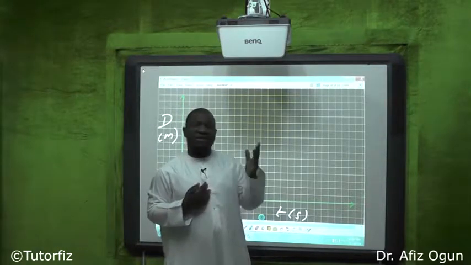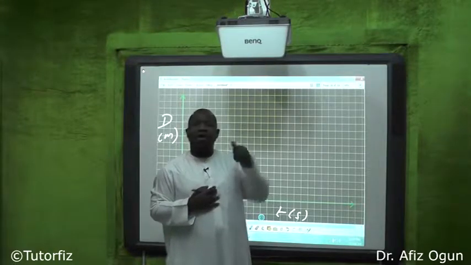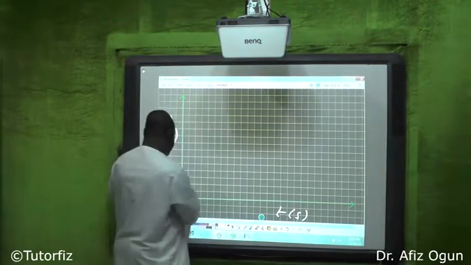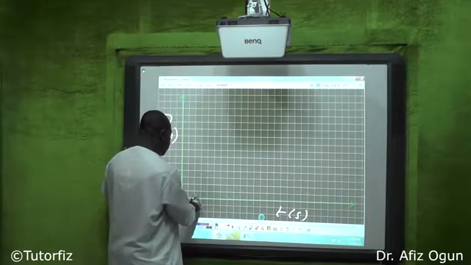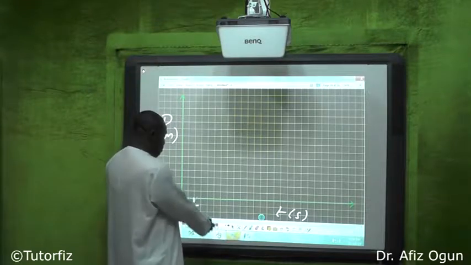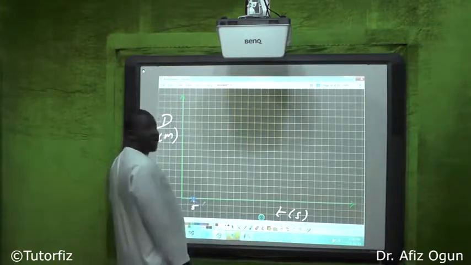Some meters apart. Now, I call you at time t equals to 5 seconds. You told me, oh, teacher, I'm still at home. I mark: Michael is still at home.